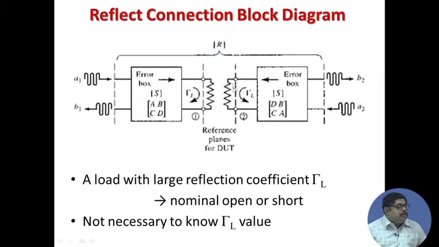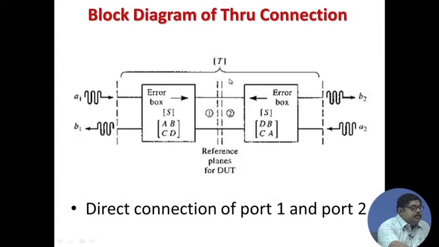Now, this part we are calling the R matrix, this is reflect. So, these error boxes will now be an R matrix, like in the previous case when we connected T, we called the whole error box and this connection everything the T matrix.